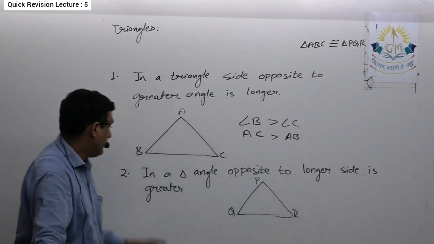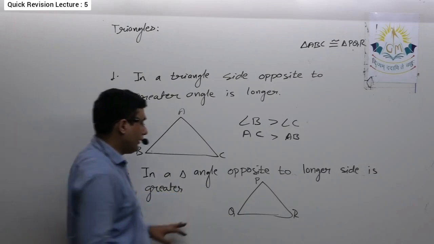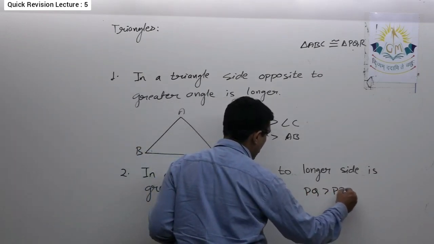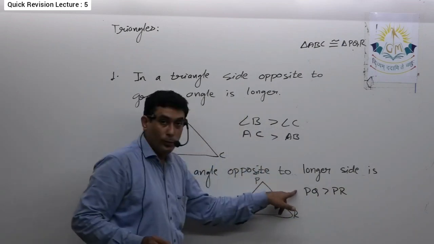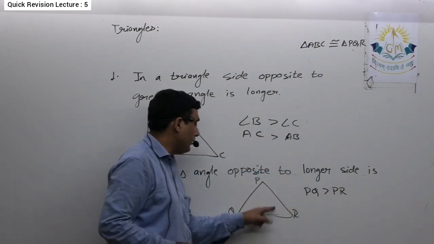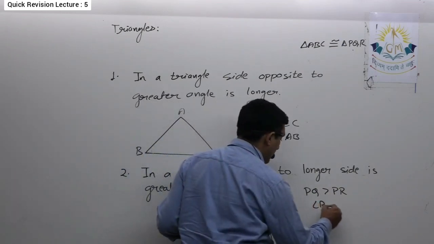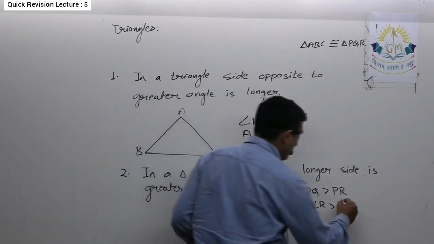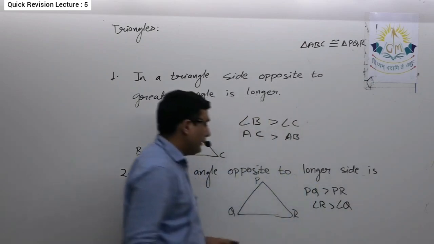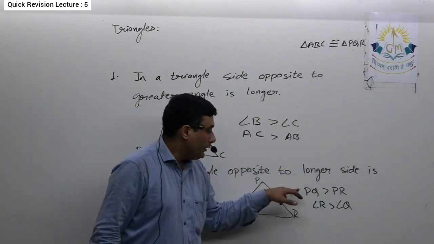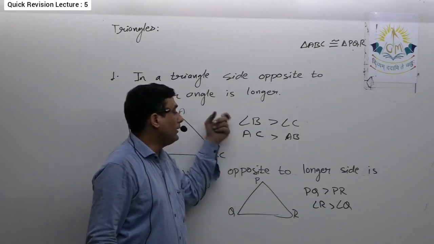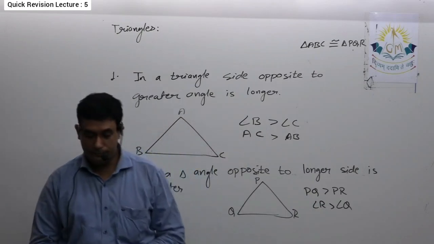If I say PQ is greater than PR, then the angle opposite to PQ, which is angle R, will be greater than the angle opposite to PR, that is angle Q. So the angle opposite to the longer side is greater, and here the side opposite to the greater angle is longer.